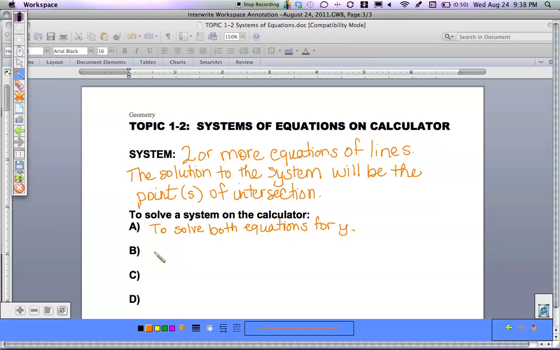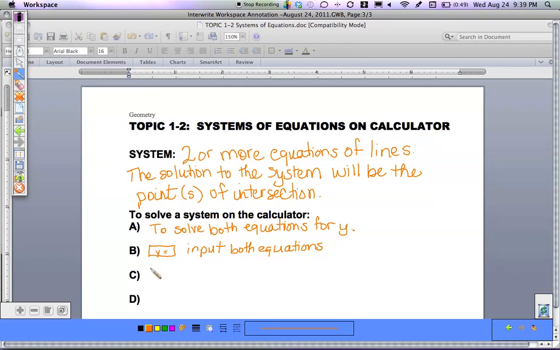Then we'll be going to our calculator using the y equal button. I'm going to draw a little button here. Using the y equal button, we will input both equations under y sub 1 and y sub 2. Then we're going to ask the calculator to graph that for us.